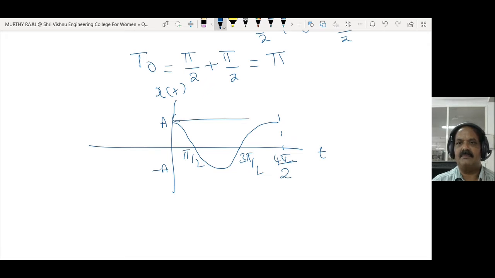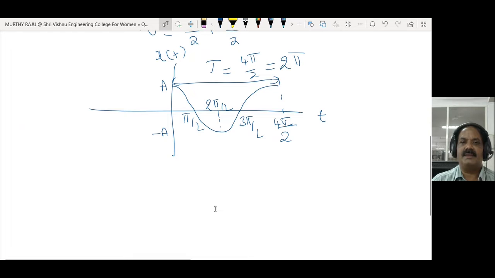Therefore the time period of the cosine waveform is 2 pi.